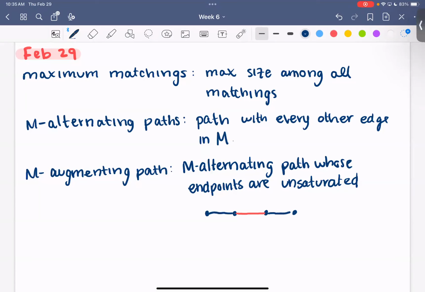Then this is an M alternating path and the endpoints are unsaturated. And the point of this is that we can enlarge the matching by removing this edge and instead including the 2 outer edges. So the basic idea behind looking for a maximum matching is to search the graph for M augmenting paths and then just increase the size by doing that swap. That's the overall strategy.